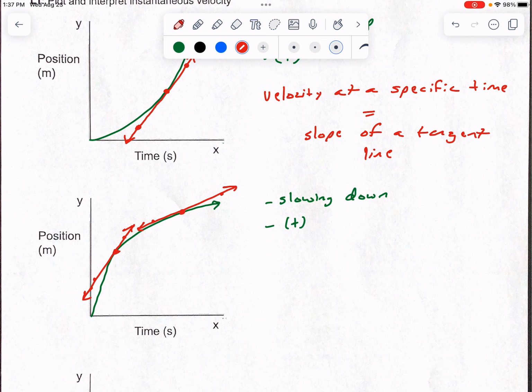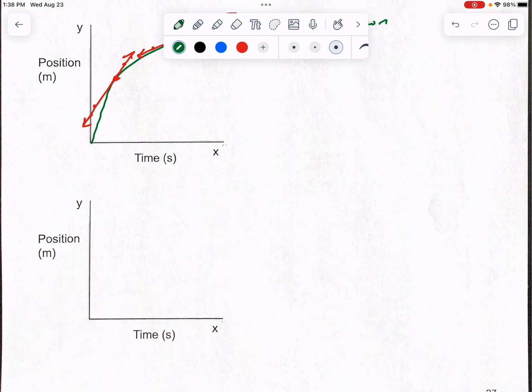The key thing there is you can't just have one tangent line that fits all points on a changing velocity graph. You're going to have a different tangent line for each moment in time because your velocity is constantly changing. Now, you can still find instantaneous velocity on a graph that looks like this, but you don't need to draw a tangent line here.